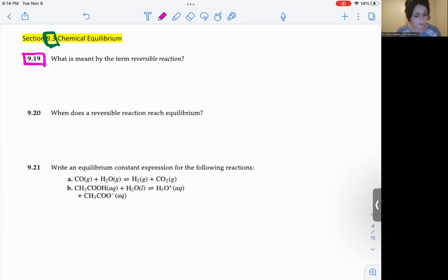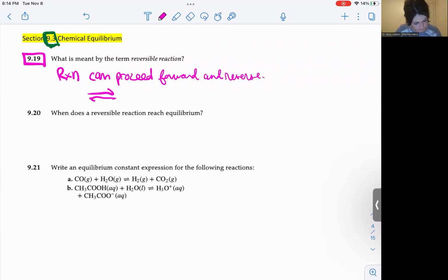What is meant by a reversible reaction? Well, that just means that a reaction can proceed forward and reverse. And that's going to be represented by these arrows.